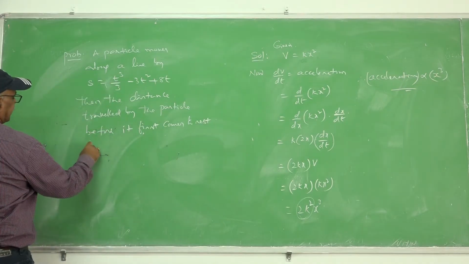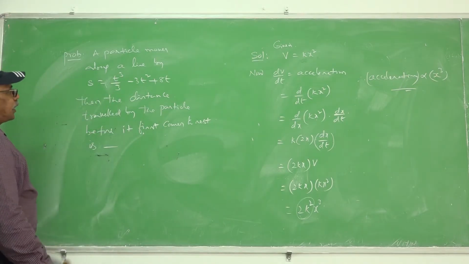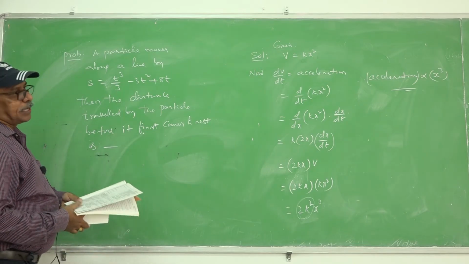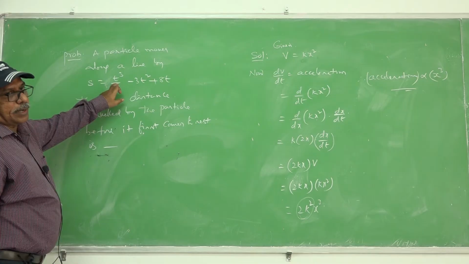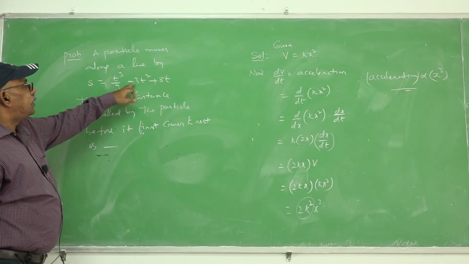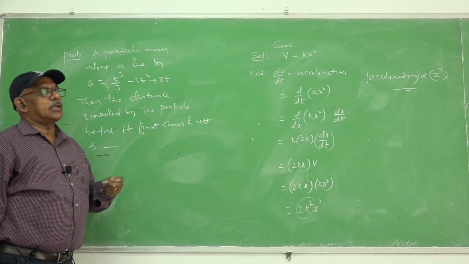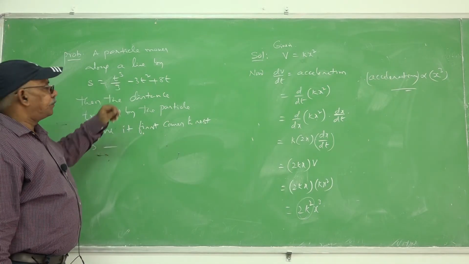A particle moves along a line which satisfies the relation between distance and time, s equal to t cube by 3 minus 3t square plus 8t. The distance is given as a function of time t.